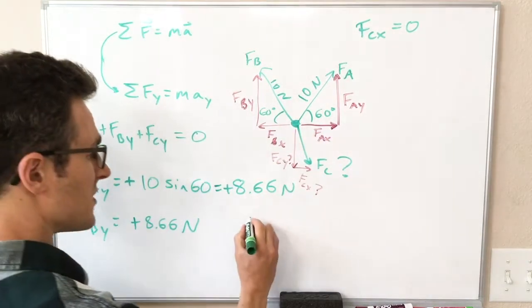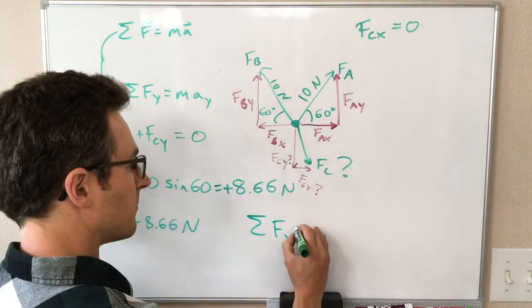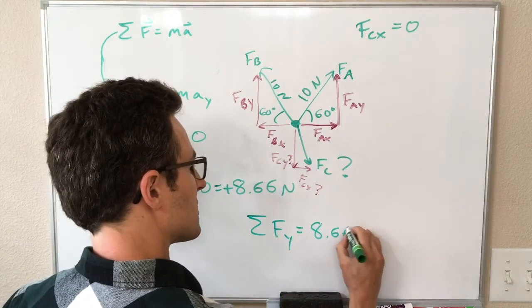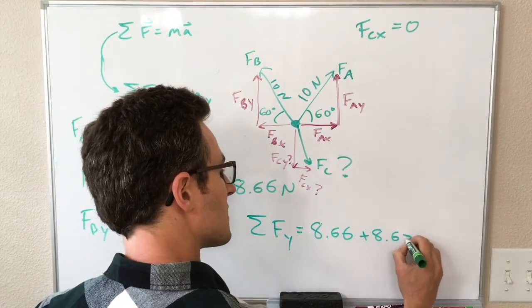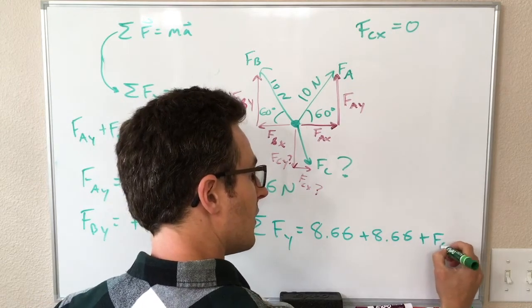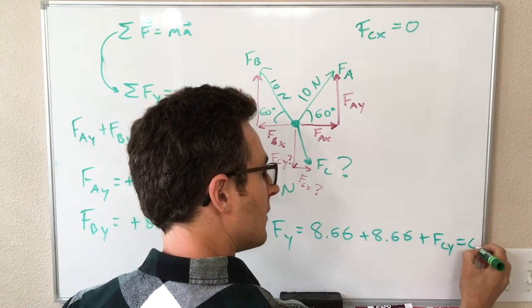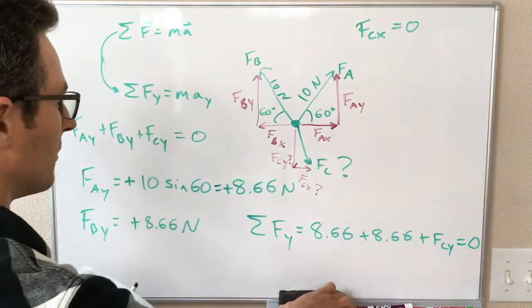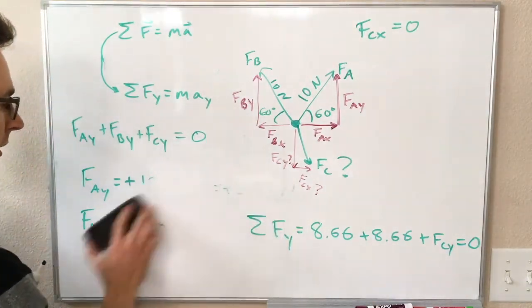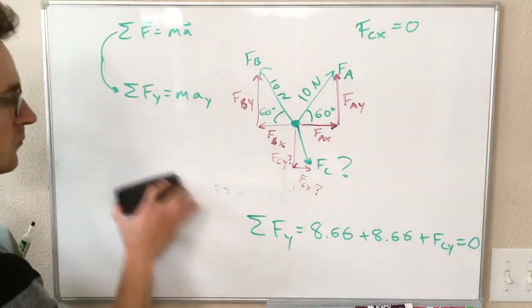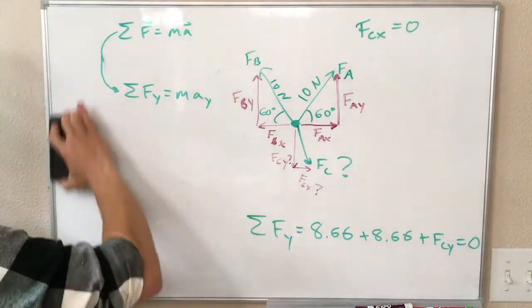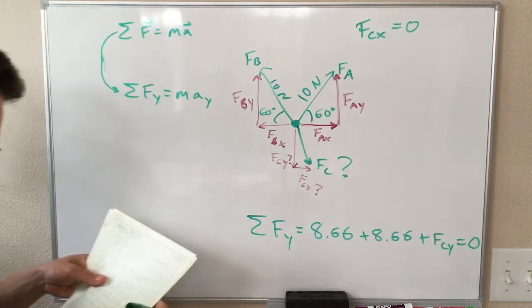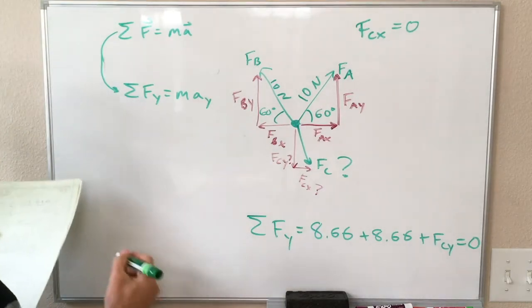So now when I look at the sum of our forces in the y direction, I get 8.66 plus 8.66 plus FCY is equal to 0. So now I'm going to get an answer that's not 0. Let's erase this and work over here. So 8.66 plus 8.66 is 17.3.